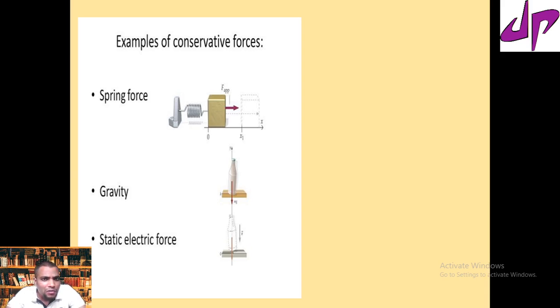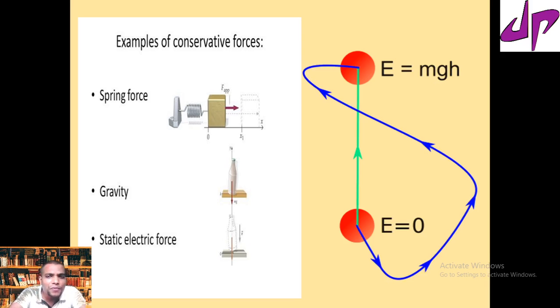That gives much more knowledge about electrostatic energy further. And one more very important point about conservative force is that the conservative force is a path independent force. What does it mean?